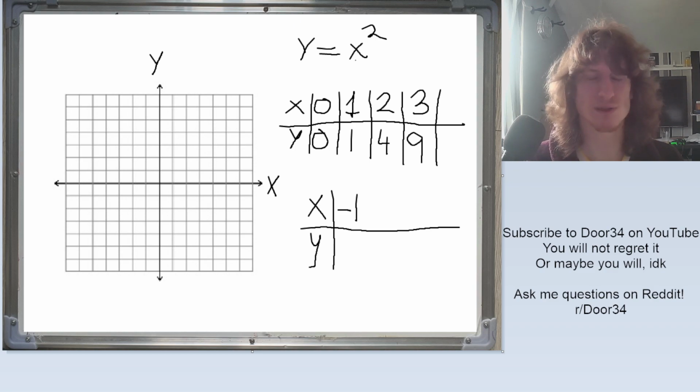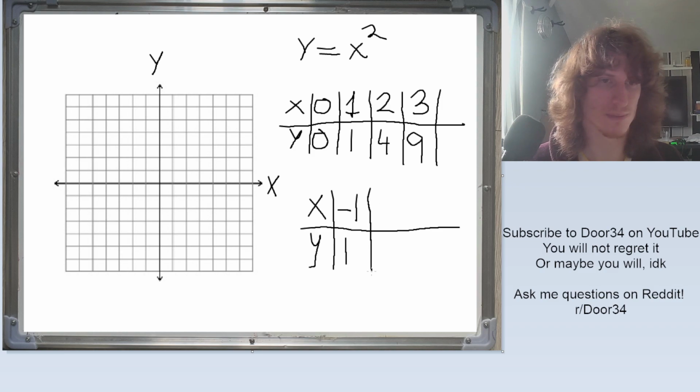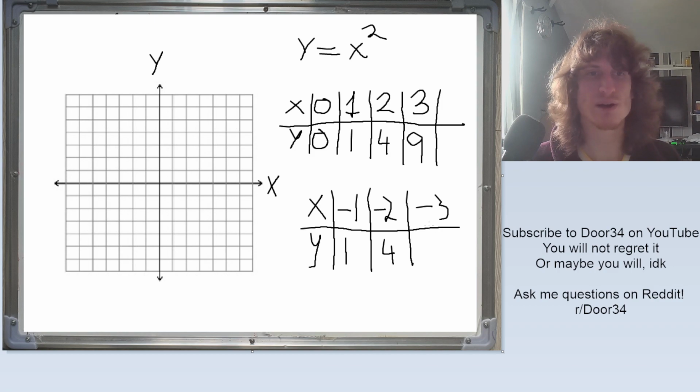A negative times negative is a positive, so we're just going to be left with this guy is equal to positive 1. And we're going to look at next, if we let x equal negative 2, negative 2 squared is just going to be positive 4. And negative 3 squared, plug that in for x, then this is going to be positive 9.